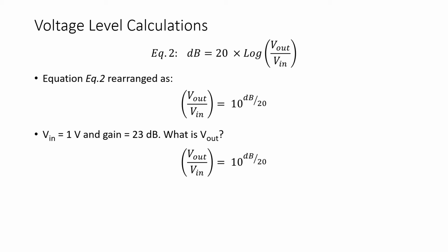Again, we start with our given equation, V out over V in equals 10 raised to the dB divided by 20 power. We rearrange the equation to solve for V out. We substitute in our known values for V in and the gain in decibels, and we get an approximate output voltage of 14 volts.